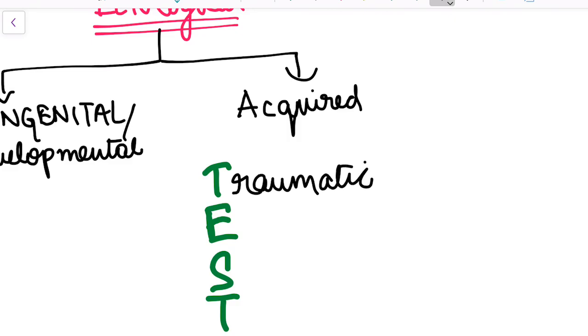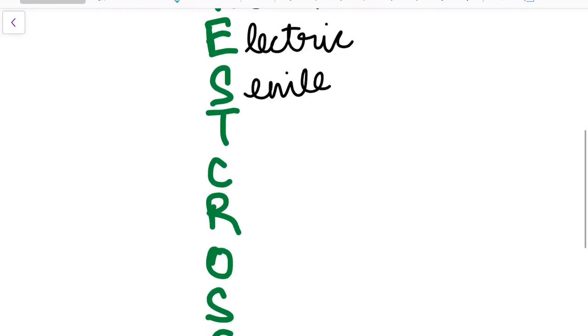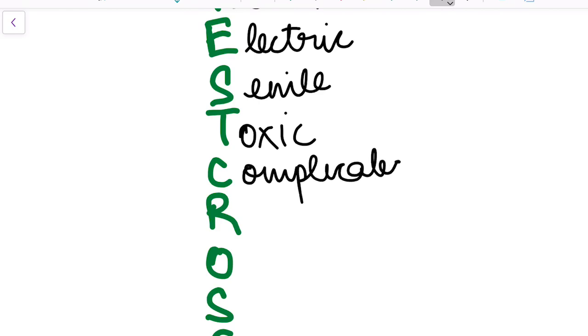From E we have electric. From S we have senile. From T we have toxic. From C we have complicated. From R we have radiation.